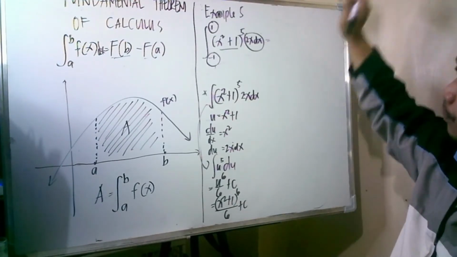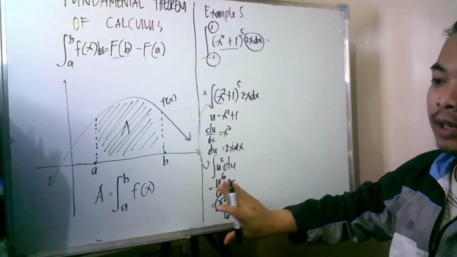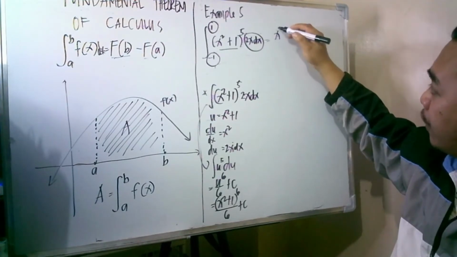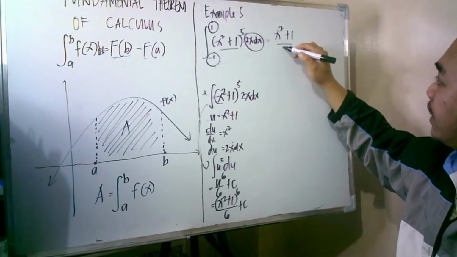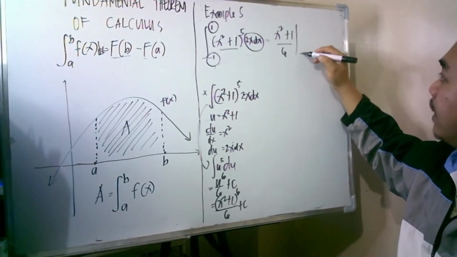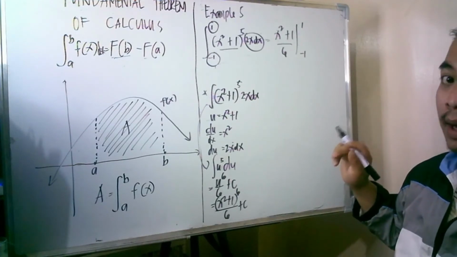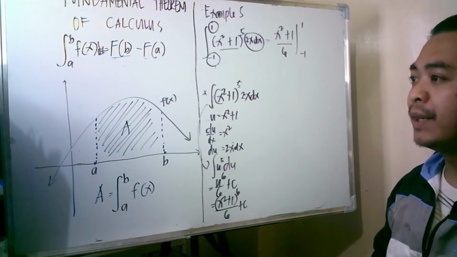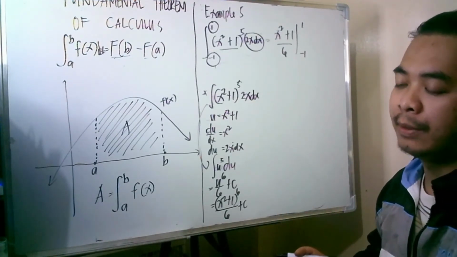Now that we have to answer the definite integral, magagamit pa rin natin yung information na ito. How? Copy lang natin yung kanyang antiderivative, x squared plus 1 raised to 6 over 6. And then, evaluate natin from -1 to positive 1. So, again, kung area yung pinag-uusapan, kailangang ihiwalay natin yun sa dalawa. Yun yung sinasabi ko kanina.